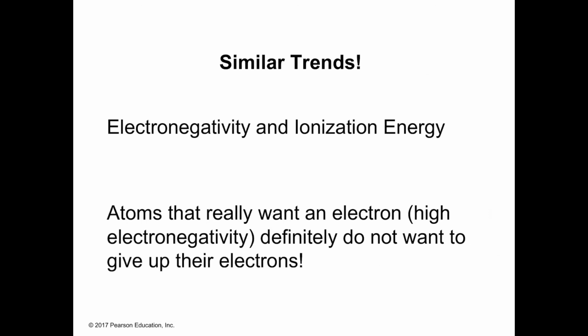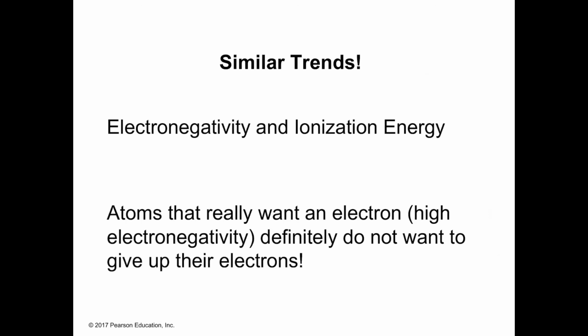The higher that electronegativity, the more they're trying to get electrons, the less willing they are to give up their electrons. The better able they are to pull those electrons toward the nucleus means that they are being held more tightly to the nucleus, which means it's going to cause a higher ionization energy. So they're not going to be able to give up their electrons that easily.